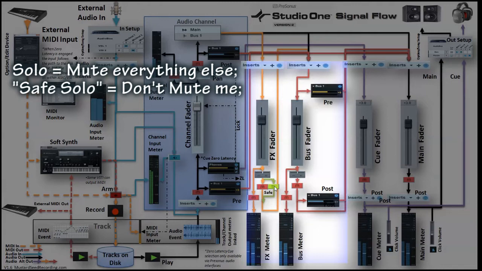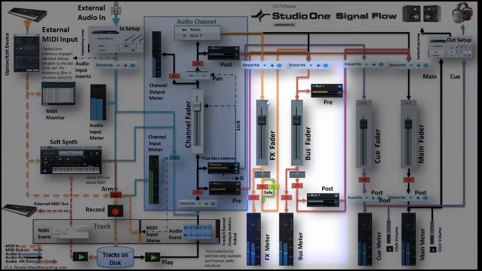That says don't mute it, even though you're muting everything else in Studio One. And that button is automatically turned on when you set up an effects channel. Also, there's no pre or post ability to send off that bus. So that's what's unique about an effects channel.